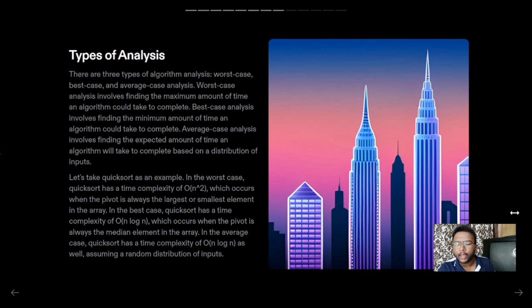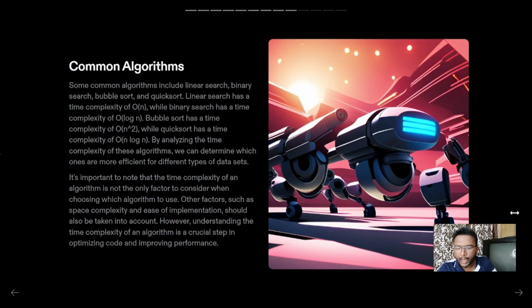In the average case, quicksort has a time complexity of O(n log n) as well, assuming random distribution of inputs. Common algorithms.